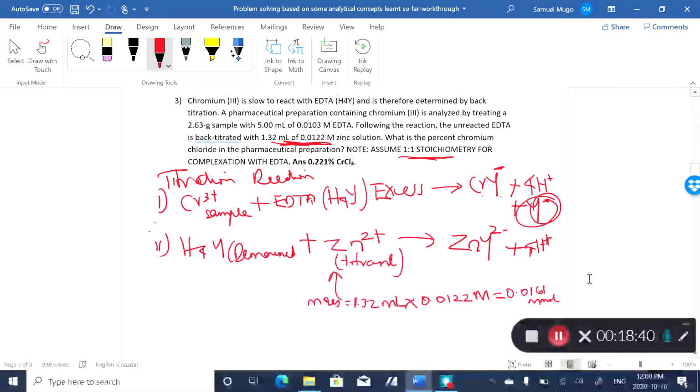But you can see it's a 1-to-1 stoichiometry, and as such, the number of moles of the EDTA that remained up here is going to be exactly the same, right? So this is also equal to 0.0161 millimoles.